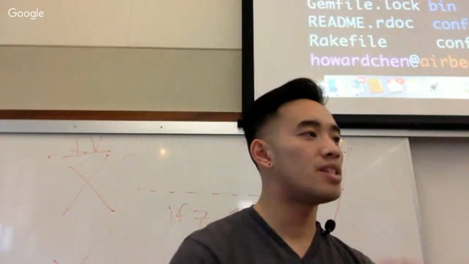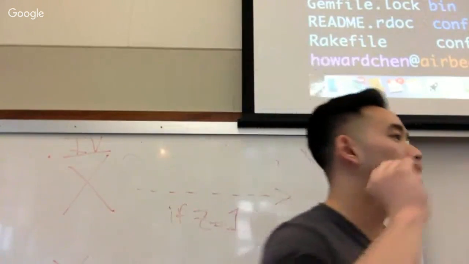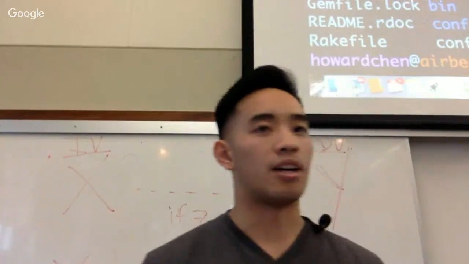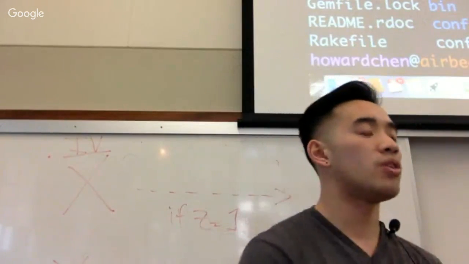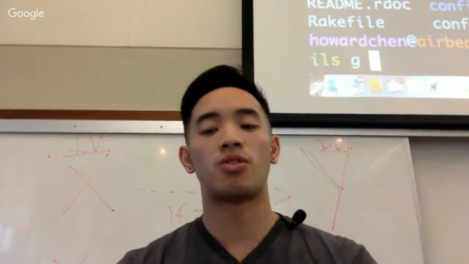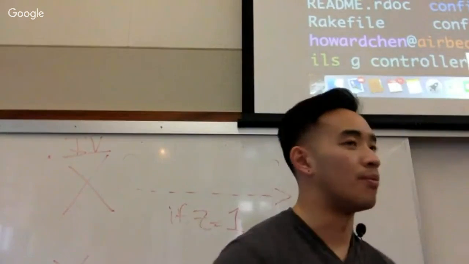Okay, and the thing we did towards the end of last week was we created an index view that showed us all the users in our database. I could either start from creating the controller and then the route, or what I did last week was actually use the generator. So I'm just going to do rails g controller, which allows Rails to generate a controller for me.